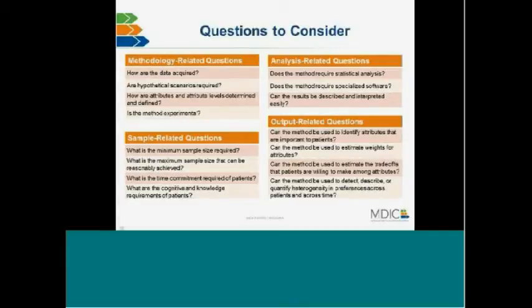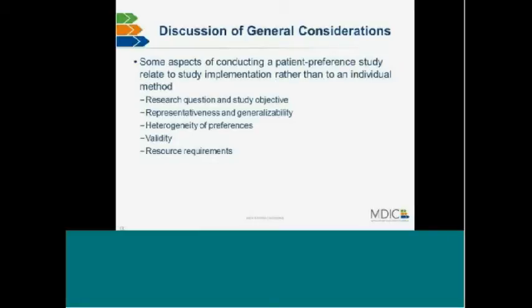Can you estimate trade-offs for these things? And as Jeff mentioned before, heterogeneity is really important here. Can this method be used to evaluate or quantify or understand the heterogeneity of preferences within a sample and across a population?